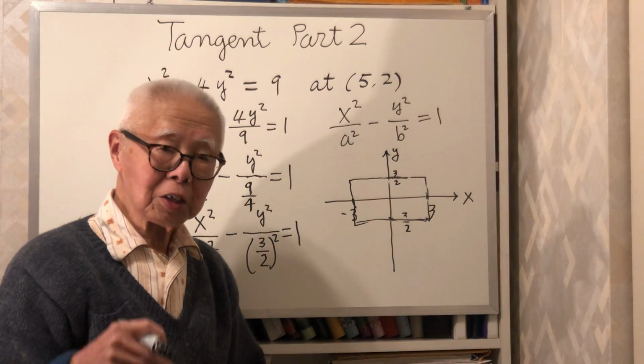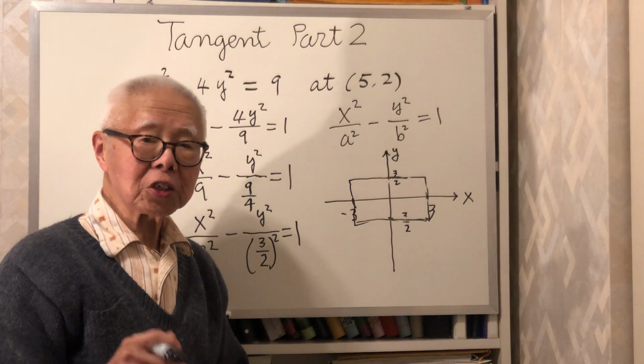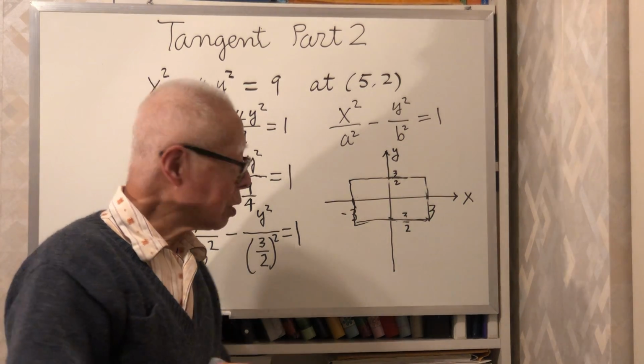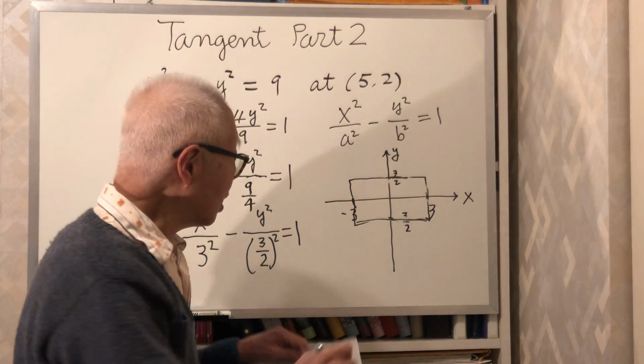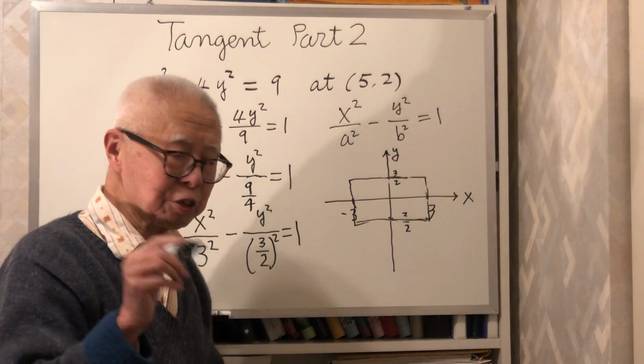I'm sorry for that. It's a hyperbola. So how do you draw the hyperbola? You draw 2 diagonals.